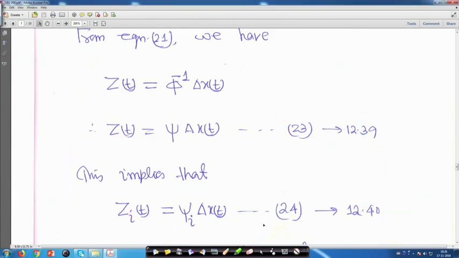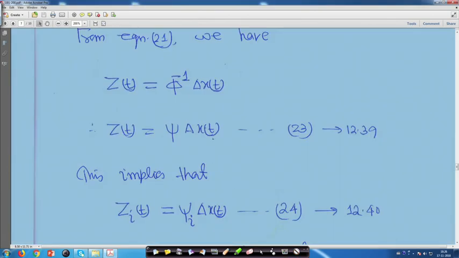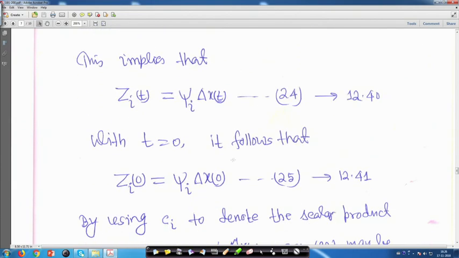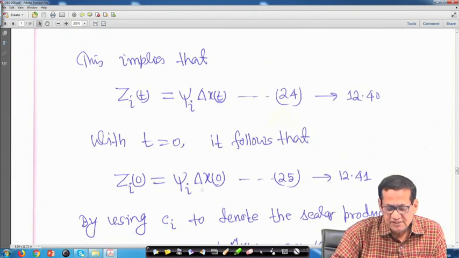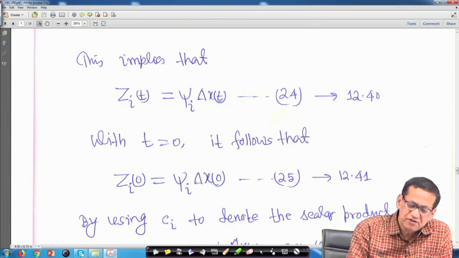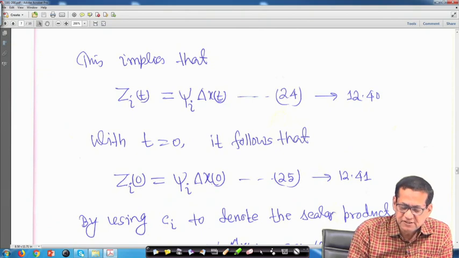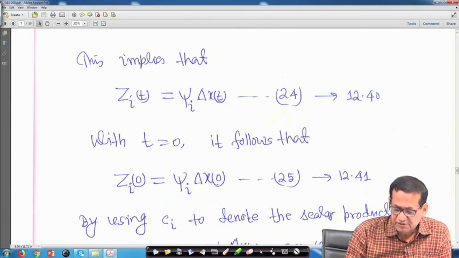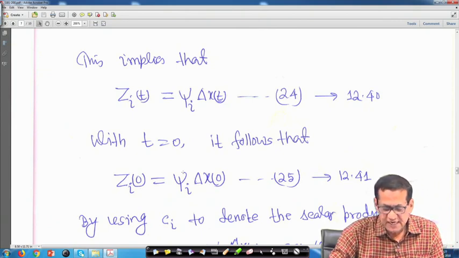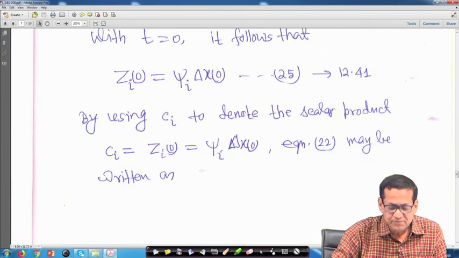So, with t equal to 0, it follows that z i 0 is equal to psi i delta x 0, because of the initial condition. Using c i to denote this scalar product, c i is equal to z i 0, which is psi i delta x 0.